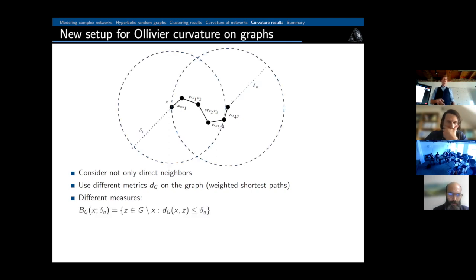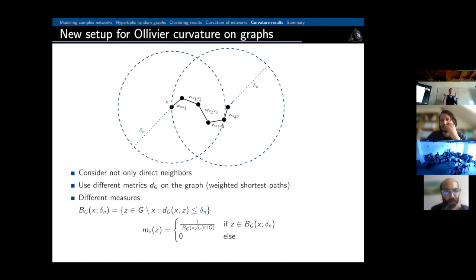Then we're going to look at different measures on the balls. In general, we look at balls that cover a larger set of space, not only direct neighbors, but second order neighbors, third order neighbors, and these types of things. And then we just do a uniform measure on those. So it's not necessarily a random walk. You can prove under some conditions that if you run a random walk for a certain amount of time, you get to this uniform distribution.